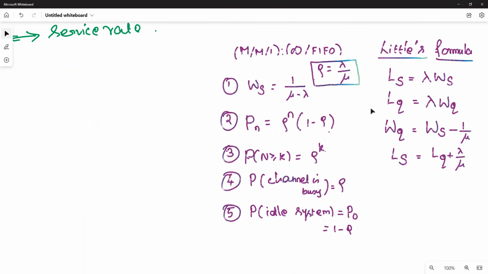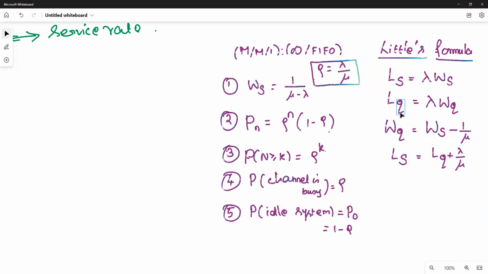Little's formula is common for all the models, and using this formula we can get the value of one from the other. What do these denote? LS means length of the system. LQ means length of the queue, how many customers are waiting in the queue.